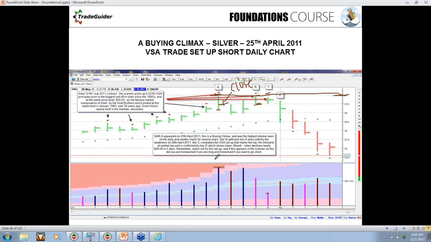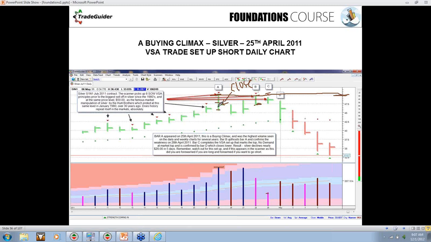So we can infer on bar A there is an awful lot of effort in the market to do something. But the result is the closing price has closed on the lower 50% line of the bar. So that's 50% of the bar, it's closed below it.